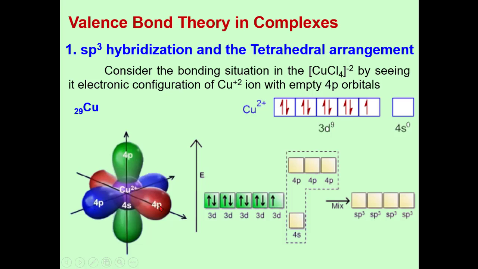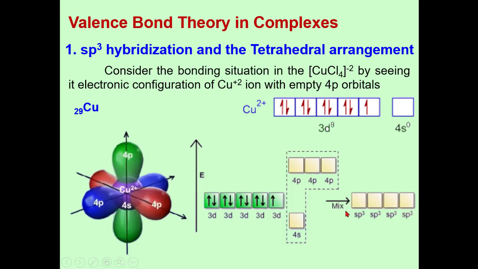So there are three 4p orbitals according to their coordinate system, that is 4px, 4py and 4pz. But we have no concern here about their coordinate system, because after hybridization their coordinate system is also lost. So this is basically the picture of unhybridized copper in this state.